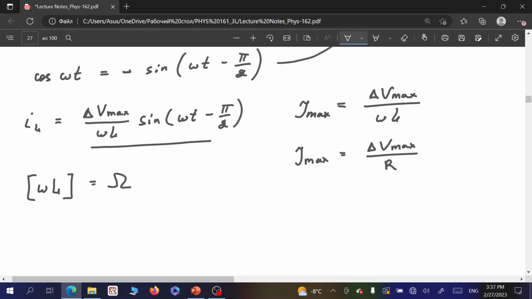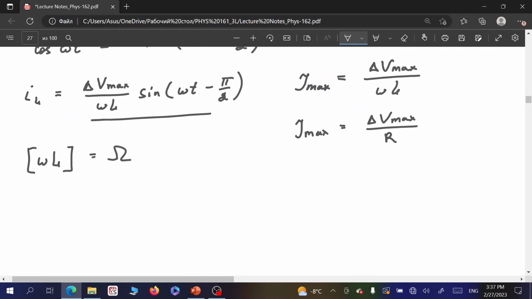We call it inductive reactance. That is equivalent to active resistance, it's opposition for charge flow in the circuit, but it is opposition of the inductor of the electric circuit for charge flow when we have AC current flowing. Obviously, we do not have any issues with this when we have DC because there is no change of electric current.